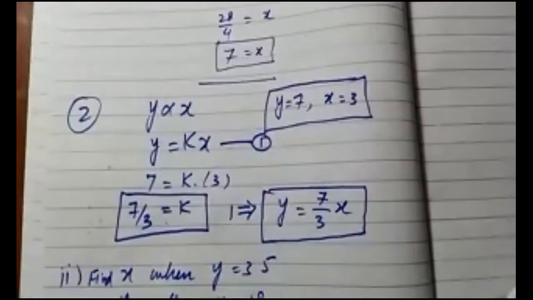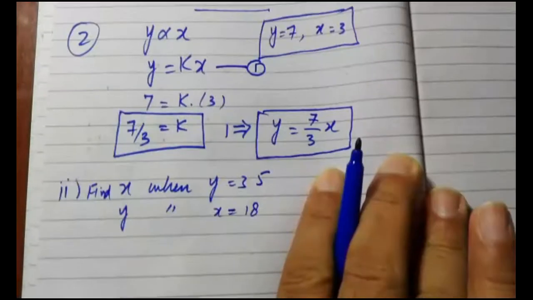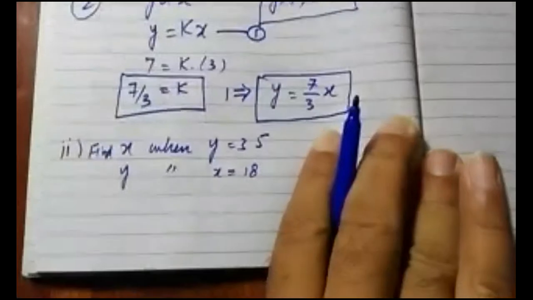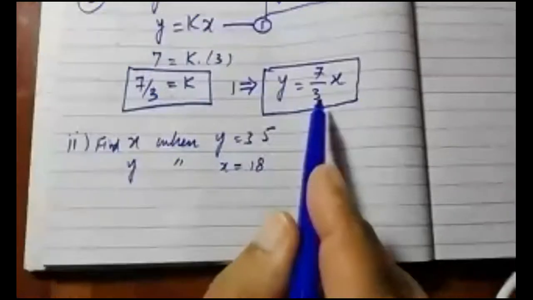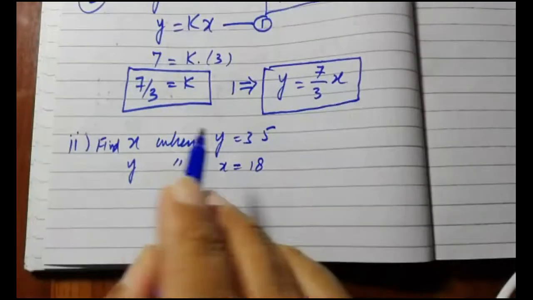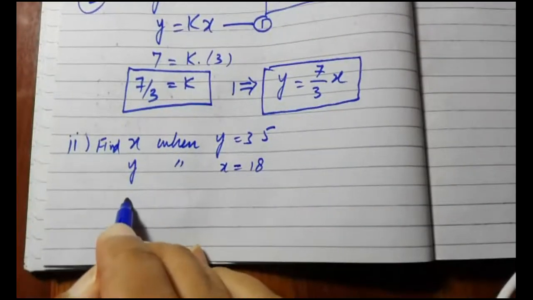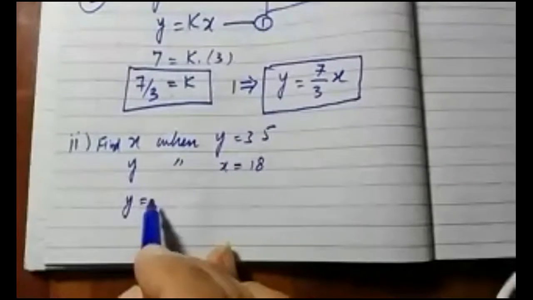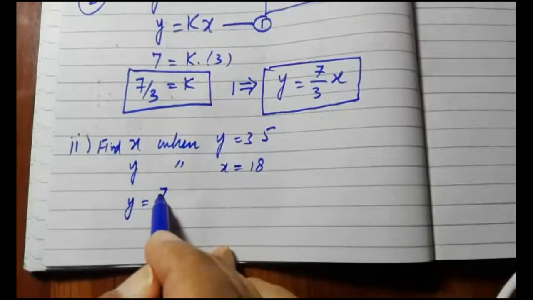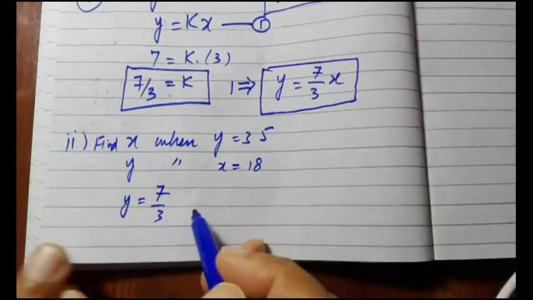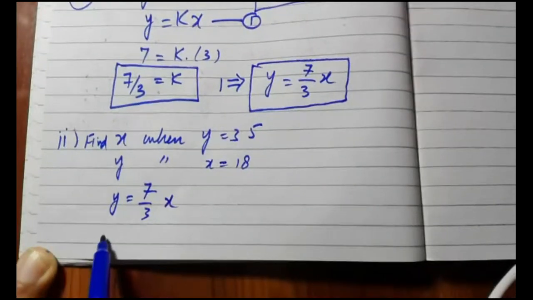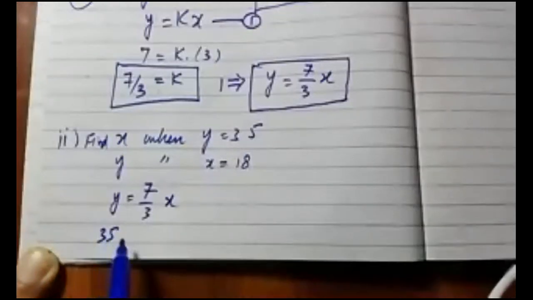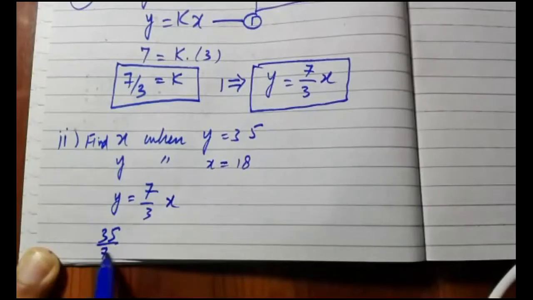If you look at the statement which I have just written, we are asked to find the value of x when y is equal to 35. We have already generated a formula. You will simply substitute the value of y. In place of y you will write 35, and you will divide it by 7 and cross multiply by 3. You will keep x on this side.